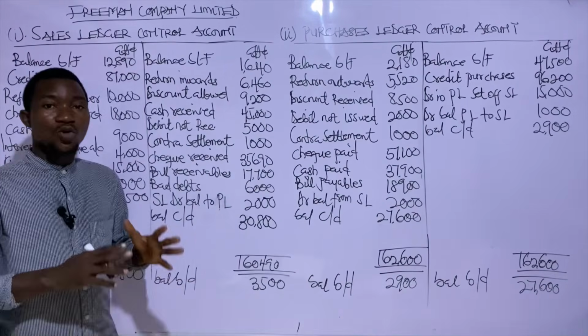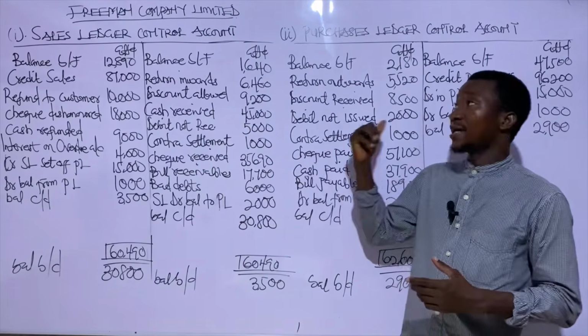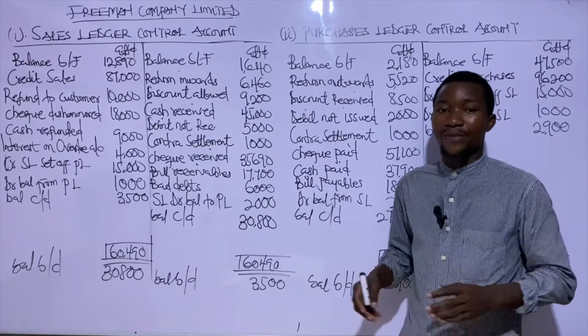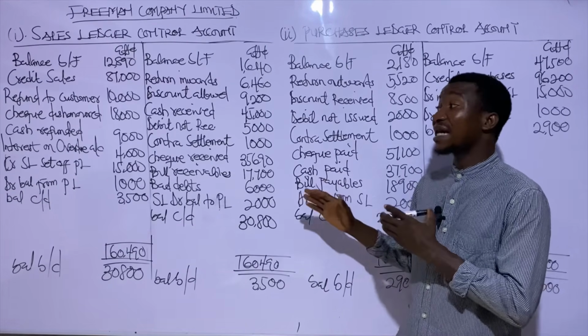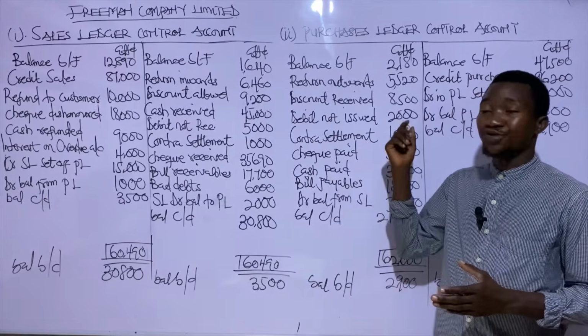Good. So this is how we prepare both the sales ledger control account and the purchases ledger control account. Everything is included. It is very comprehensive. So if you're able to understand this, I expect you to solve every control account question.